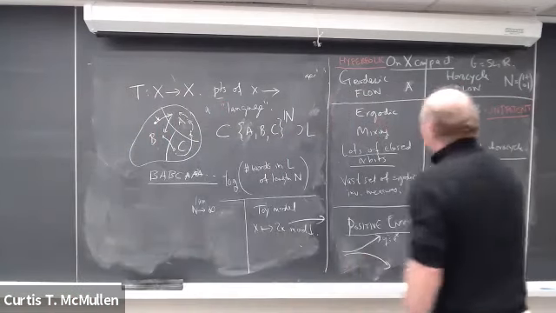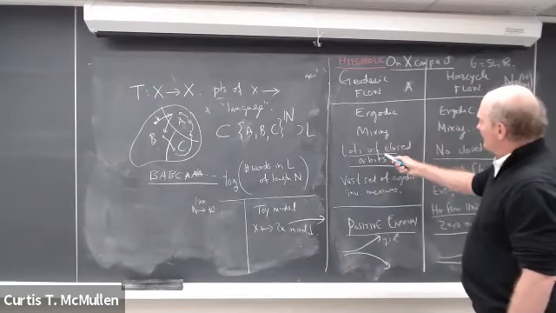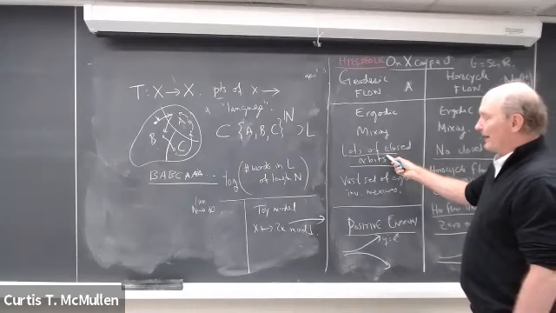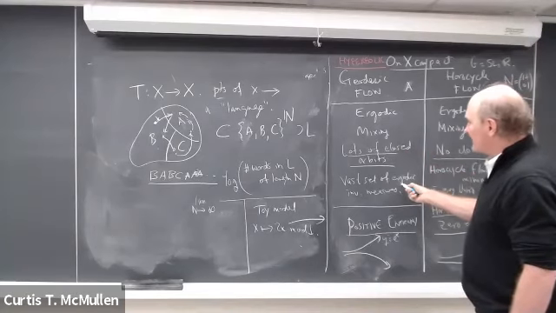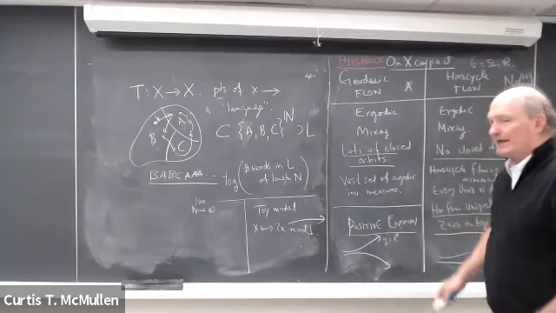And it has all of these properties. It's ergodic, it's mixing, but it also has lots of periodic points. It has lots of invariant measures because it has lots of periodic points, and it has positive entropy.